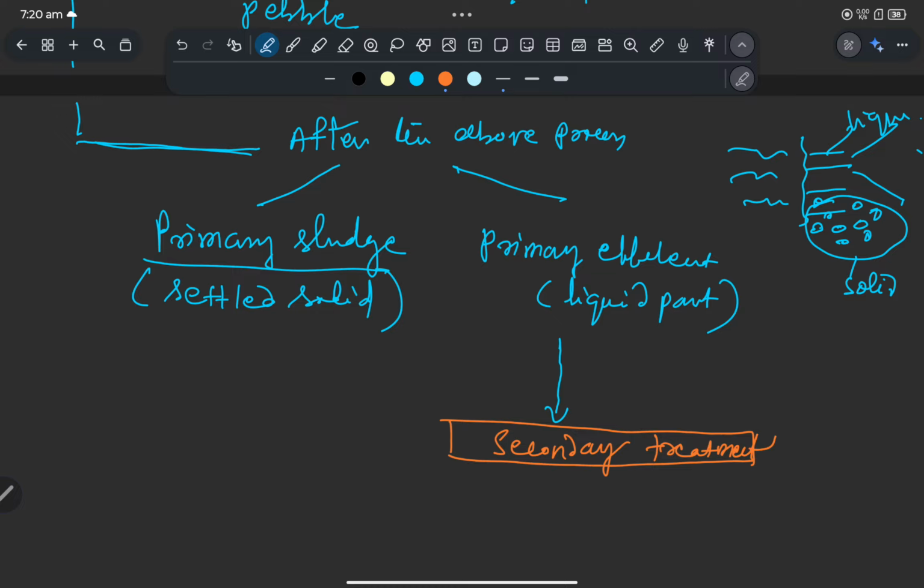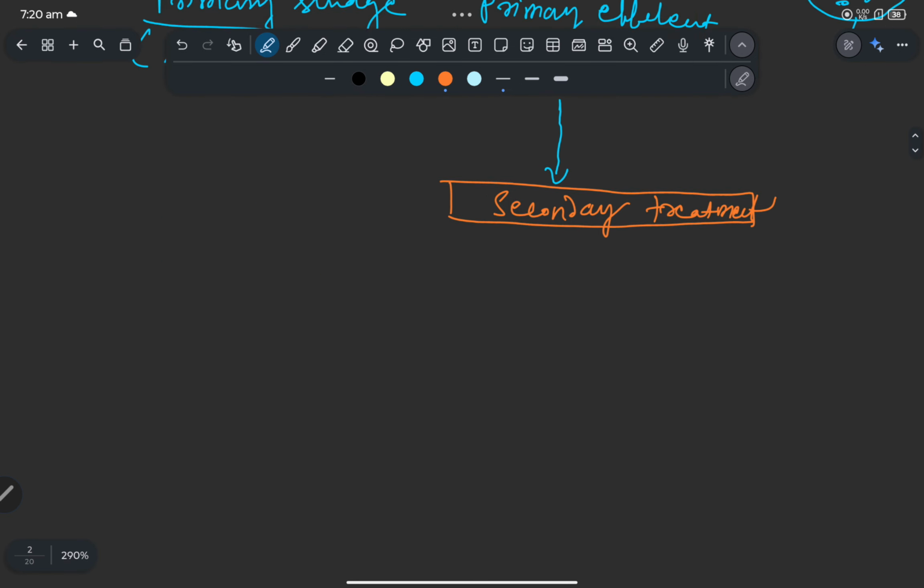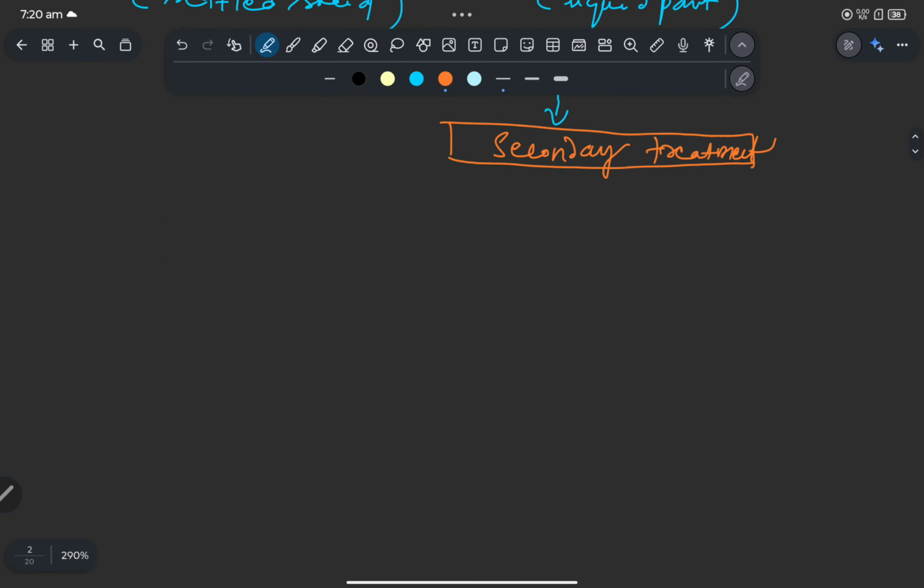Okay. Now let us see what happens in the secondary treatment. Let me tell you step by step.